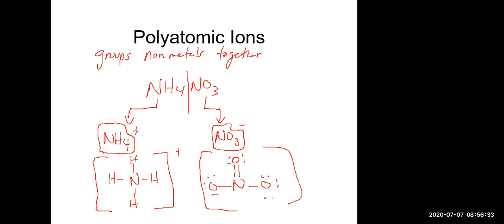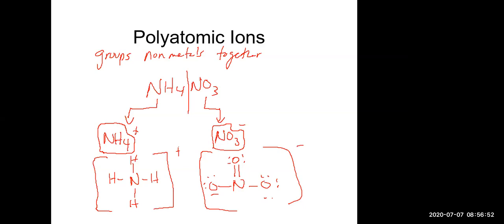And again, this overall thing has a -1 charge. So these are covalently bonded guys together, but they move around as a unit because they are sharing electrons. So the nitrogen, the hydrogens will never fall apart because they're sharing electrons and are bonded together.